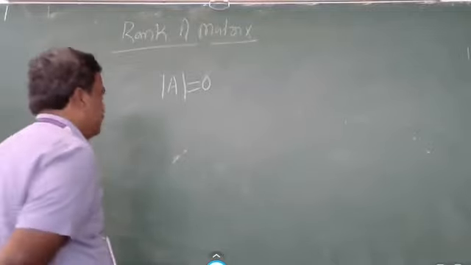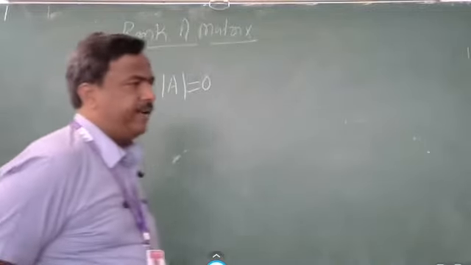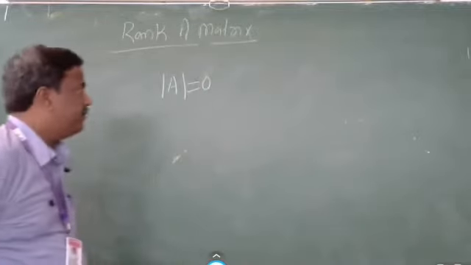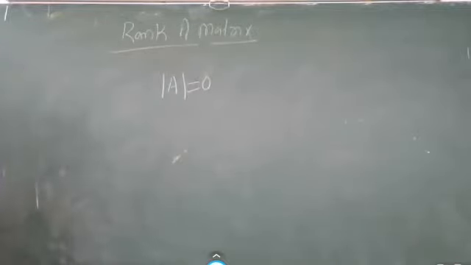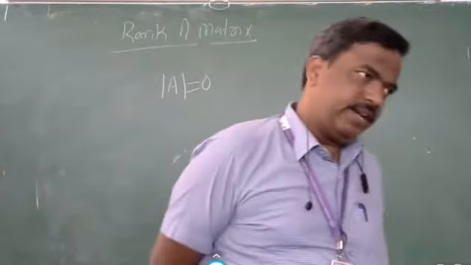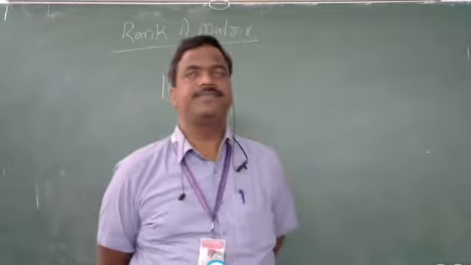Now, the rank of matrix, what you are saying is that if the determinant value is not equal to 0, then the order of the matrix is the rank. Is it correct or not?